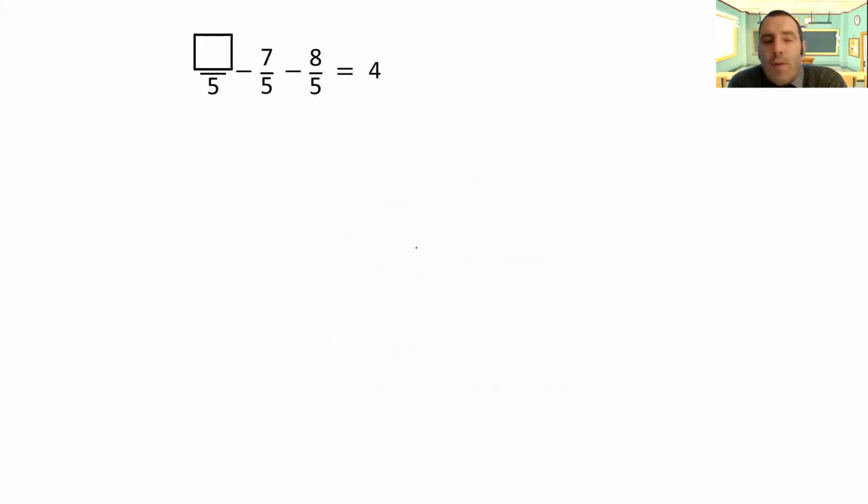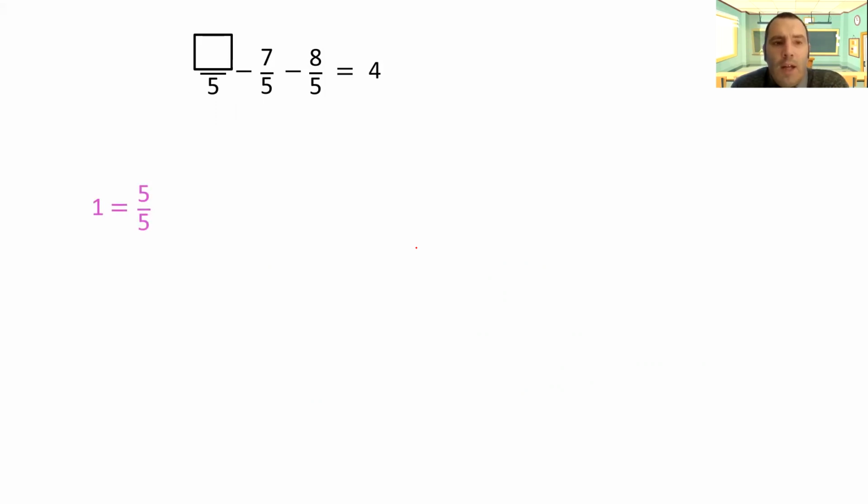Now, I've got a tricky one here. I've got a missing number, take away 7/5, take away 8/5 equals 4. So I need to start working in the inverse to work these out. So I need to work out how many fifths I've got in 4.